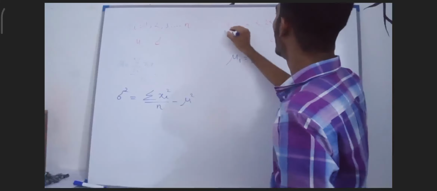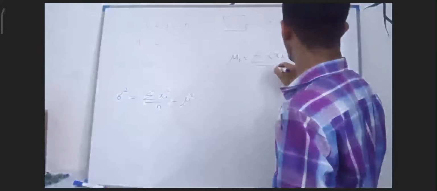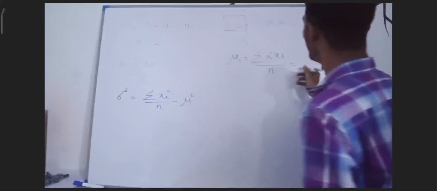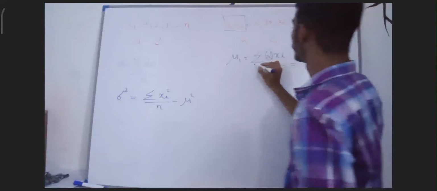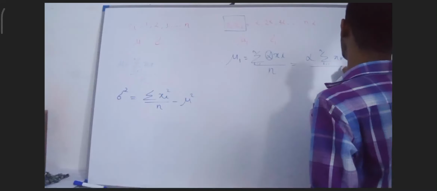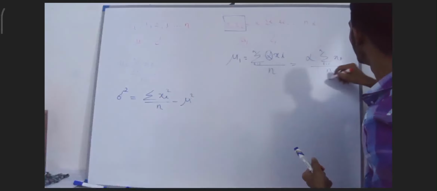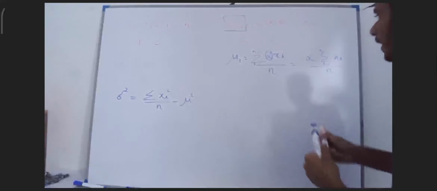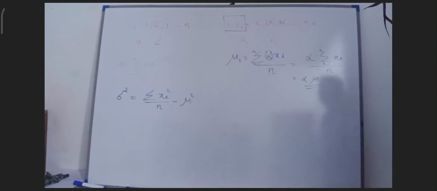So if I apply this, mu1 should be equal to summation of alpha xi divided by n, the number of observations. Since alpha is a constant, I can take alpha out: alpha summation of xi, i from 1 to n, divided by n. This is equal to mu, so mu1 is equal to alpha mu.